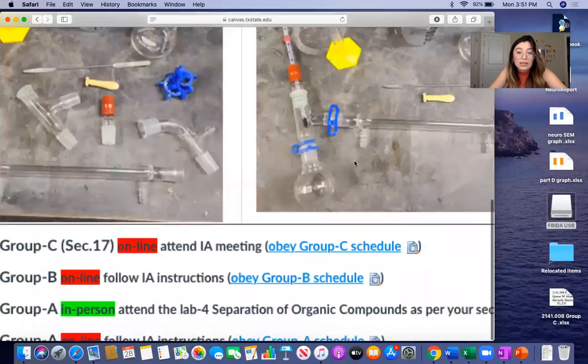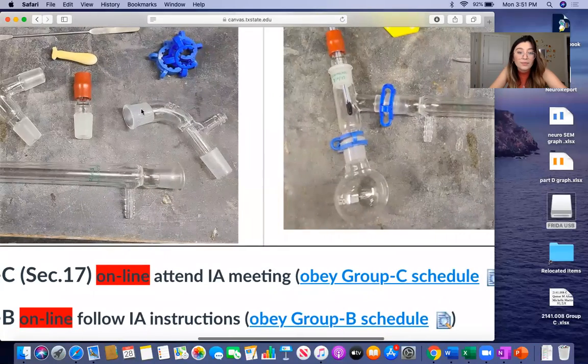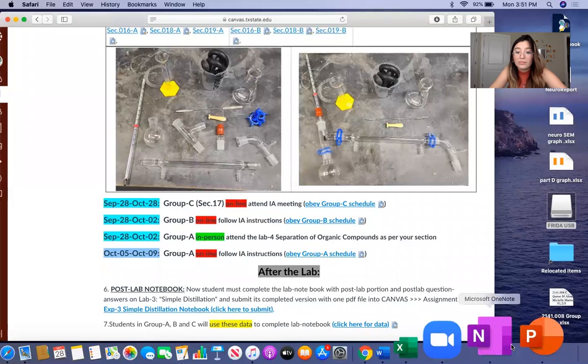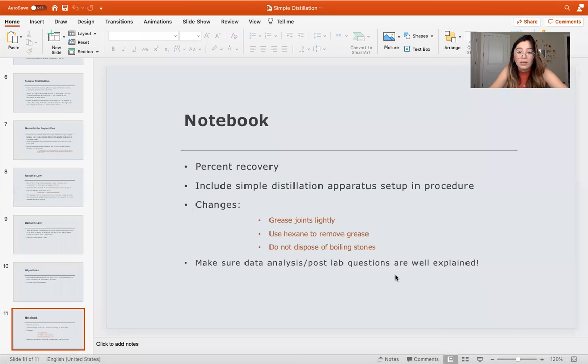You will grease these joints right here. And then we would use hexane to take off the grease, basically when we're cleaning up. And do not dispose of boiling stones. Your boiling stones should go in your round bottom flask, and you're not supposed to dispose of them.